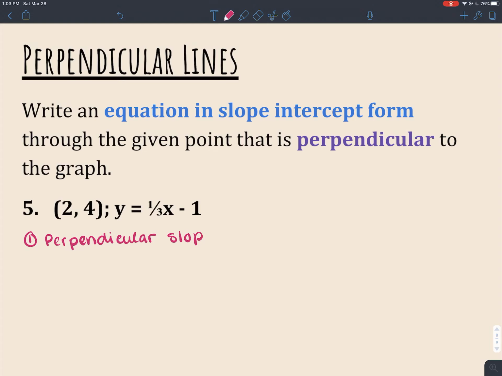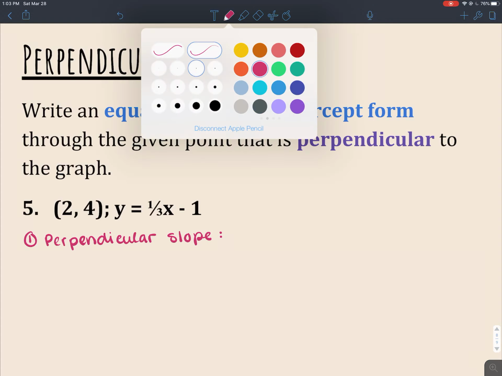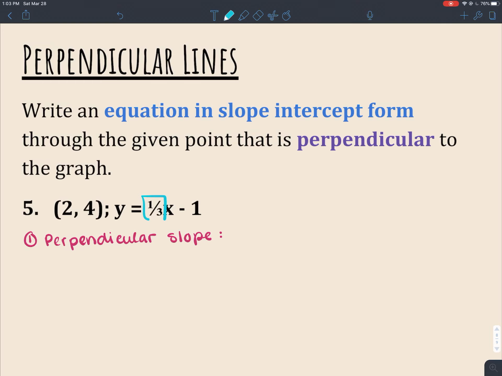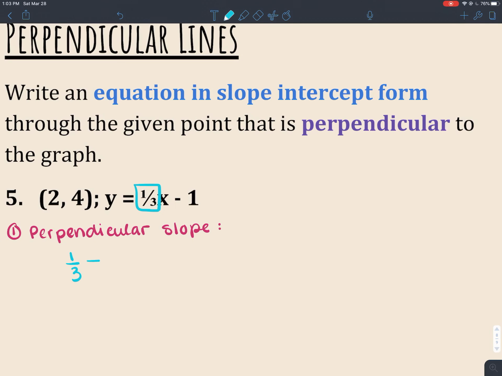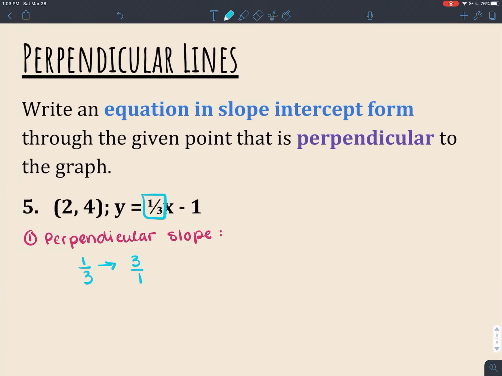So looking at the equation given, our slope is 1/3. And if I want to find the opposite reciprocal of that, I am going to flip my fraction and make the number negative.